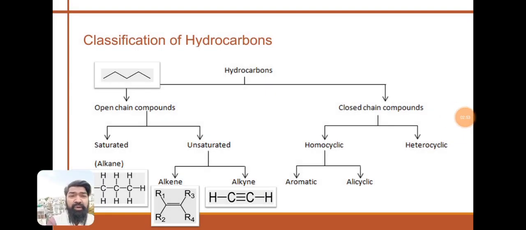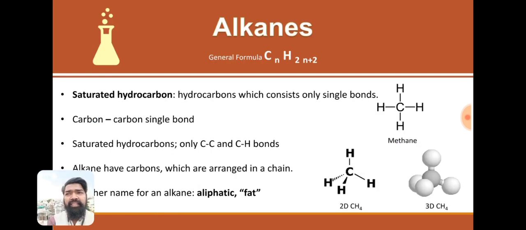As we know about the classification of hydrocarbons, now we can go for the distribution of the open chain compounds, that is the saturated compounds, which are considered into alkane, alkene and alkyne. So what is alkane? Alkane is a saturated hydrocarbon which consists of only single bonds, a carbon-carbon single bond.